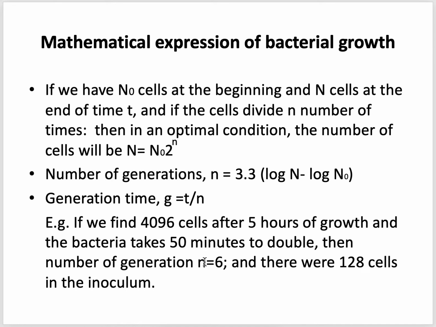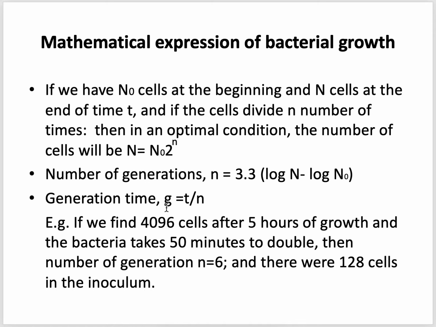So how do we get this value? By using this equation. 4096 is the final number of cells, which is N. 5 hours is t, and 50 minutes is the small g, the generation time.